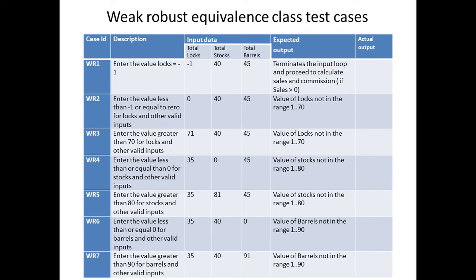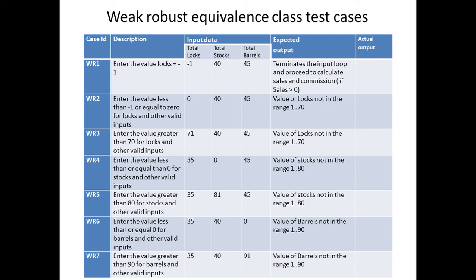Enter the value greater than 70 for locks. Similarly for each variable, in WR2, WR3, WR4, in one test case you have to give a minimum -1 value for locks, in the next a minimum -1 value for stocks, and in the third a minimum -1 value for barrels.